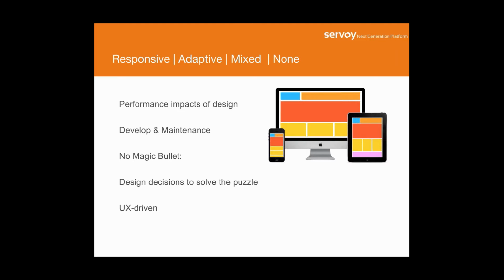So they're both similar in that they fit the size of the device that you're using. But it's not a magical solution. It's not something that you just turn on all the time. If you go the route of responsive or adaptive, you have to build for it, you have to test for it, every part of your UI.